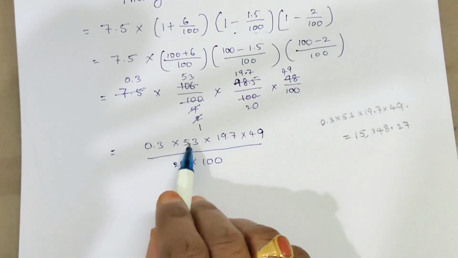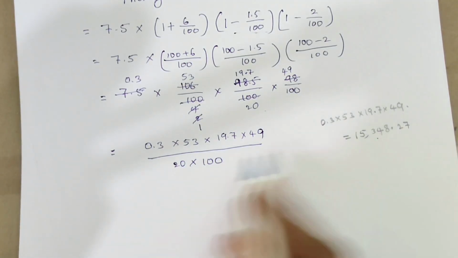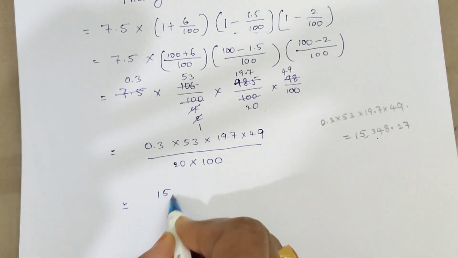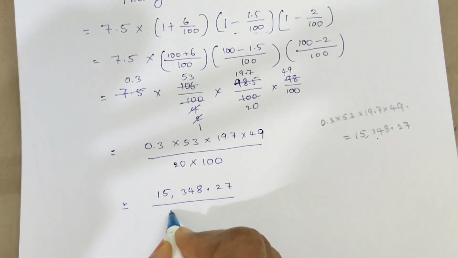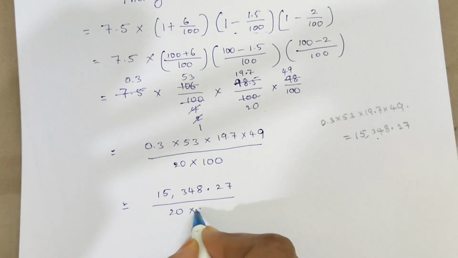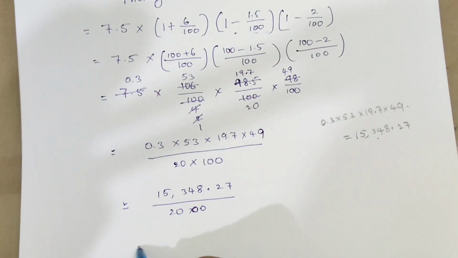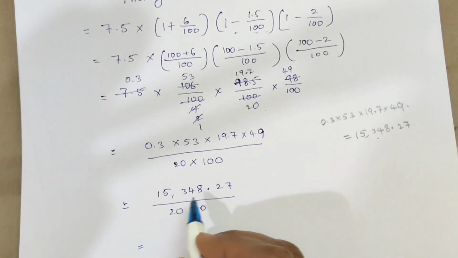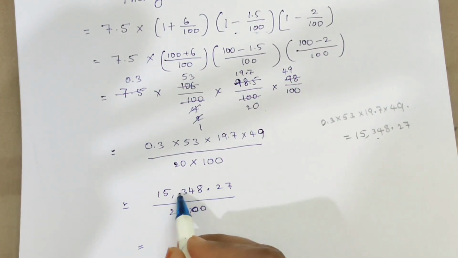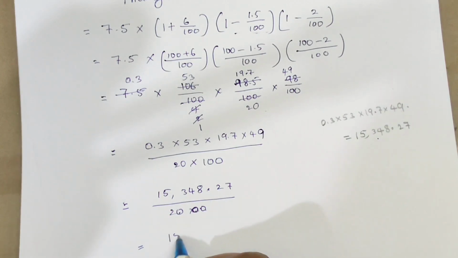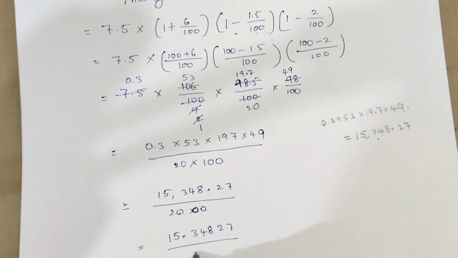Now here we multiply these four numbers. This one is coming. So here we write 15348.27 by 20 into 100. Means we write 2000. Here this point, here denominator 3 zeros are there, so move 3 digits before. So we write here 15.34827 by 2.